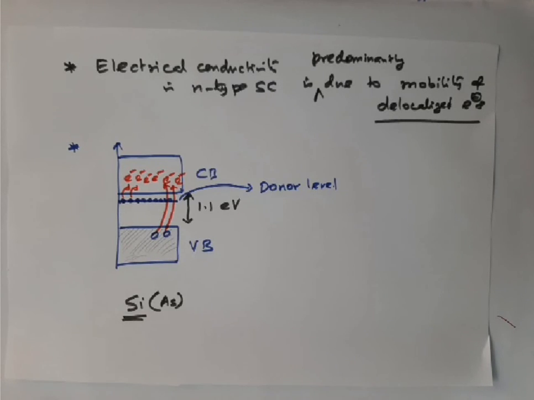Now the question is this: if you compare the number of electrons in the conduction band and the number of holes in the valence band, are the two equal? Why are they not equal?